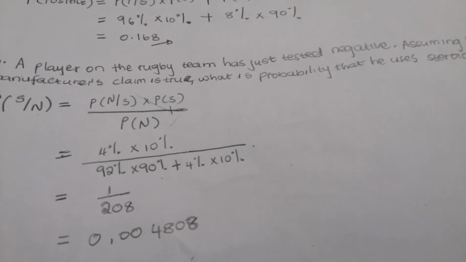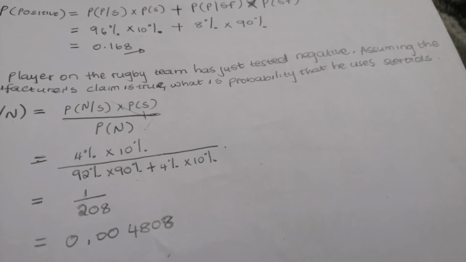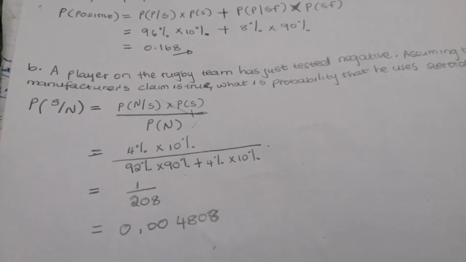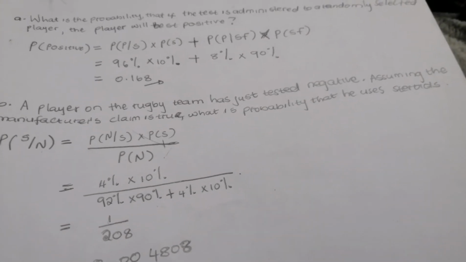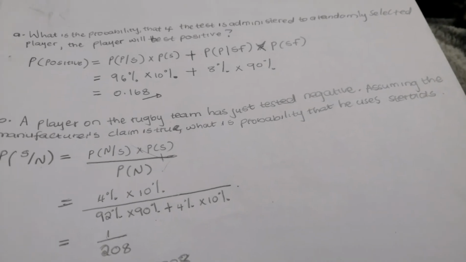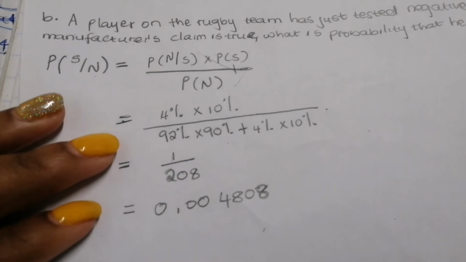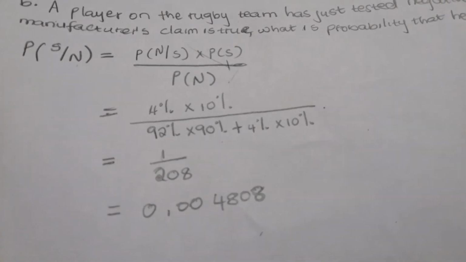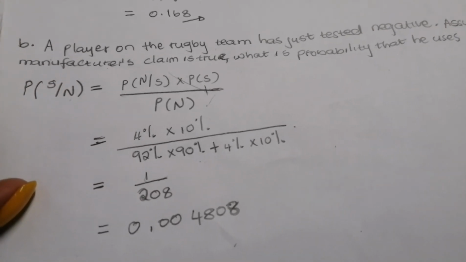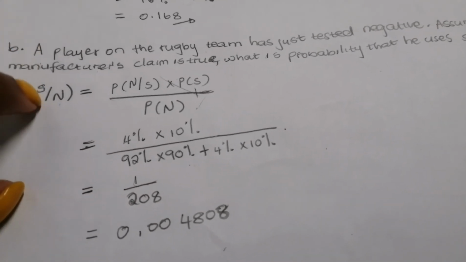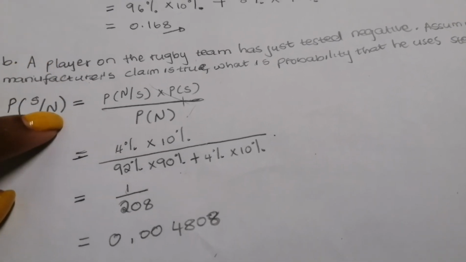B says a player on the rugby team has just tested negative. Assuming the manufacturer's claim is true, what is the probability that he uses steroids? So now we know that this is conditional probability, where now we are solving for the probability that the player uses steroids given that he tested negative, right?